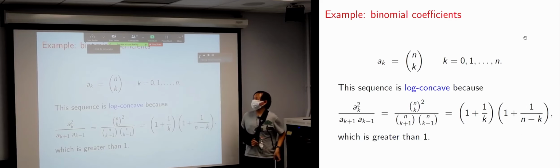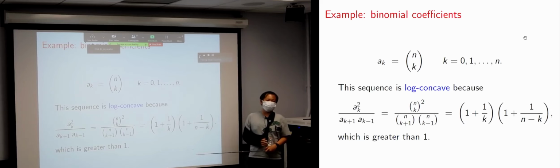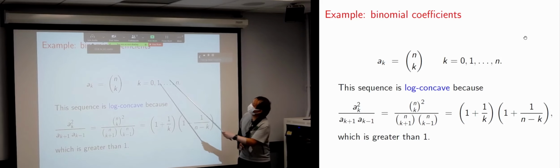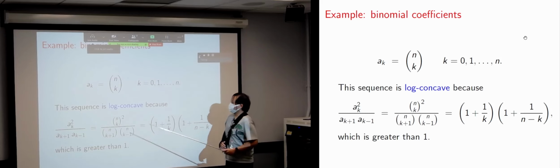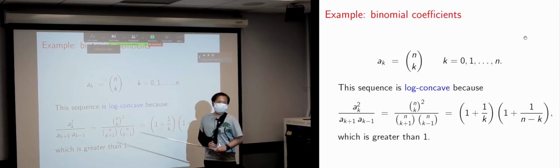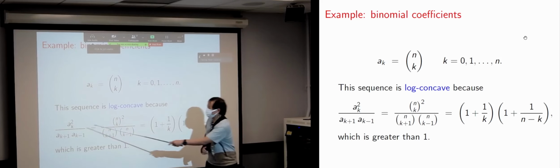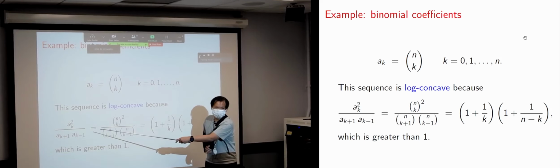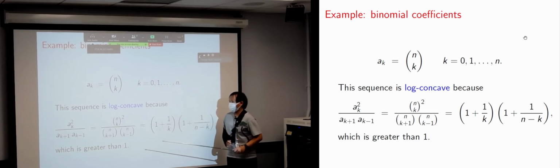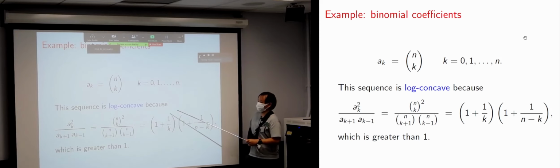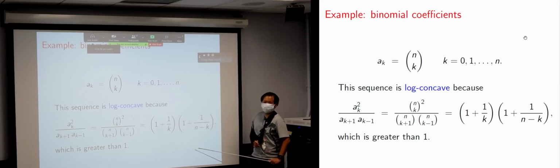Here is one famous example of a log-concave sequence, the binomial coefficients. This sequence is log-concave because if you take the ratios of the binomial coefficients, a_k squared divided by a_(k+1) times a_(k-1), this ratio by direct computation is equal to 1 plus 1 over k, times 1 plus 1 over n minus k.